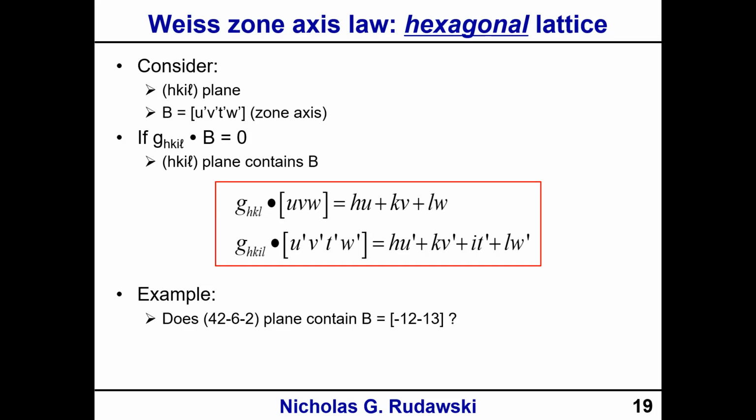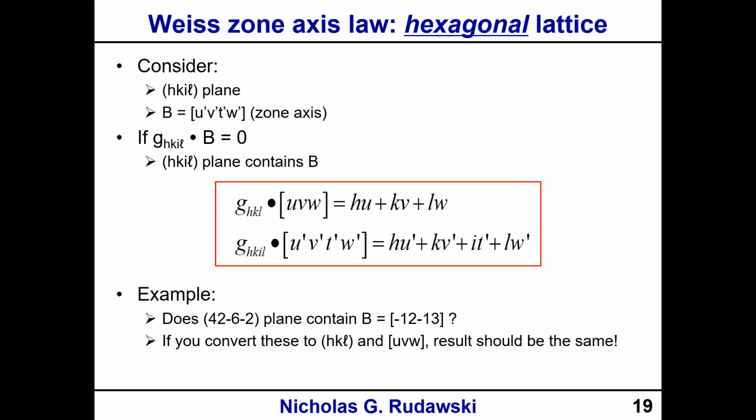Just as an example, if we look at the (4 2 6bar 2) plane, does that dot to 0 with the [1bar 2 1bar 3] direction? Just looking at this very quickly, the answer should be yes. Yes, it does. And again, you can convert those back to 3-index notation.